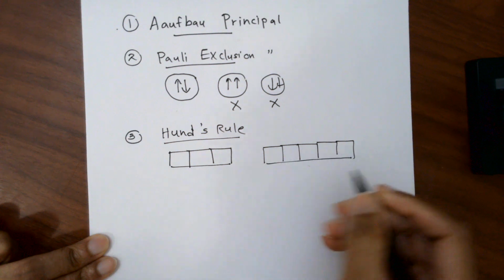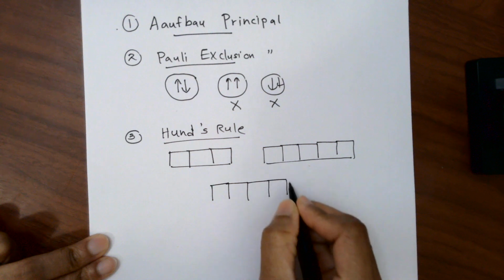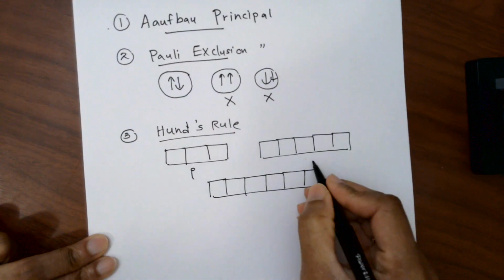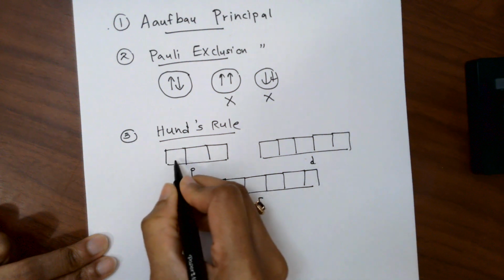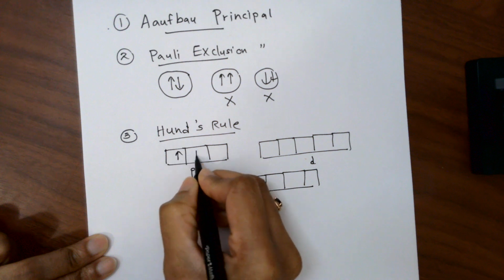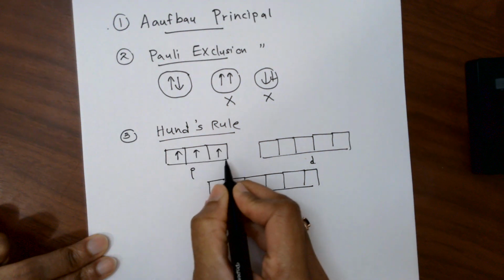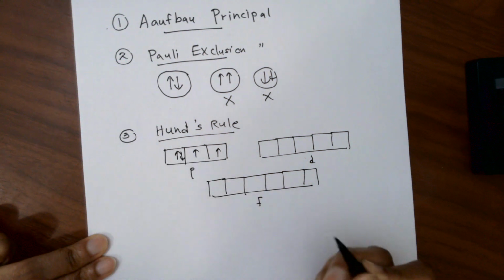Or f orbitals, there are 7 f orbitals with equal energy. If you have equal energy orbitals like this, you need to fill the electrons first one at a time, 1, 1, 1. And then if you have a fourth electron, go back to the first one and start pairing.